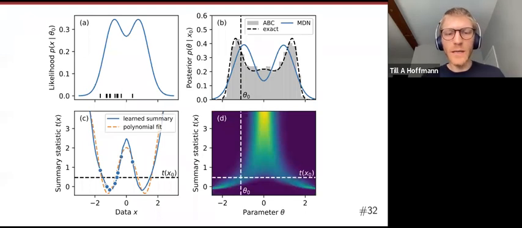So going back to this figure at the bottom left-hand corner, the orange line is just a polynomial fit to the learned summary statistic based on the candidate summaries. So what this means is the information is there in the candidate summary statistics that we've provided, but these different approaches just weren't able to extract that information.